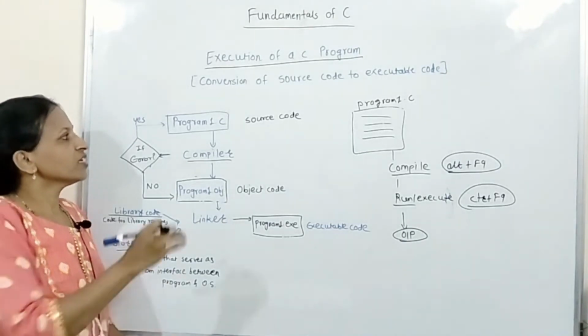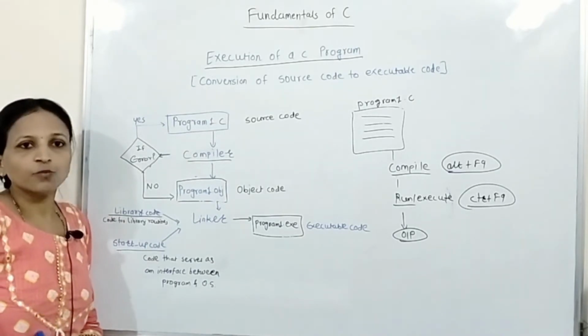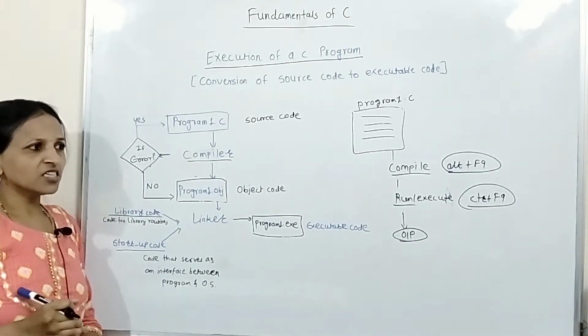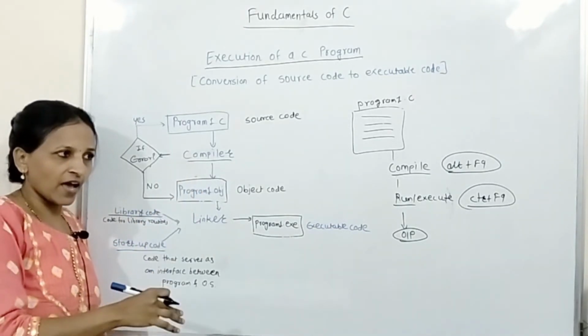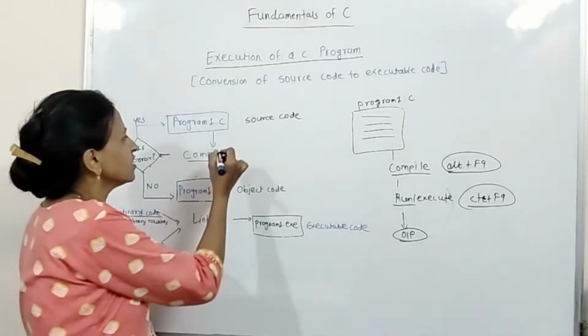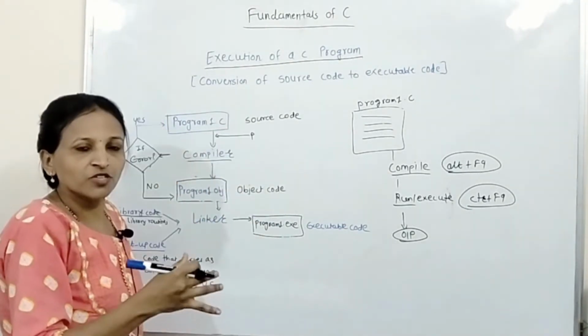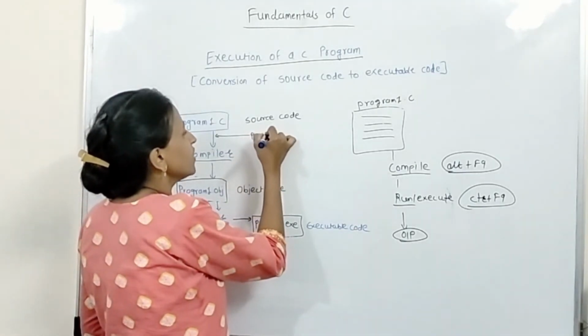It will convert the source code into object code. But there is one more point in a C program: before compilation, before the compiler acts, the preprocessor acts on that source file. There is one more program which is called a preprocessor. That preprocessor will act first.